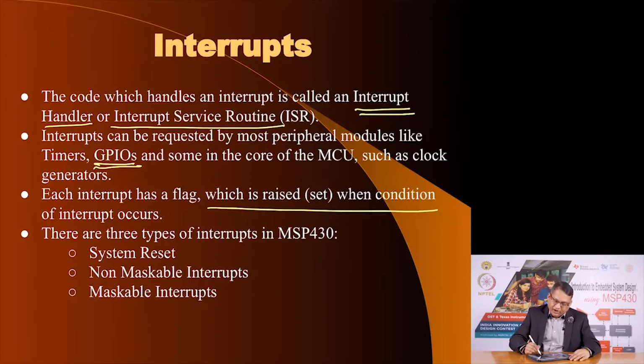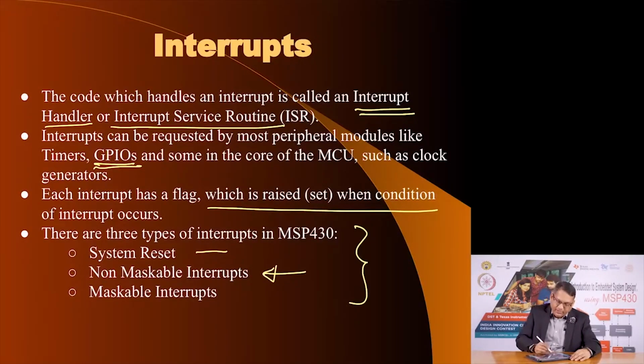Also, broadly on the MSP430 there are three types of interrupts. One is a system reset, which we have discussed. Each time you generate a reset, for whatever may be the source of that reset, it is treated like an interrupt. Also, the reset pin is shared with the non-maskable interrupt.